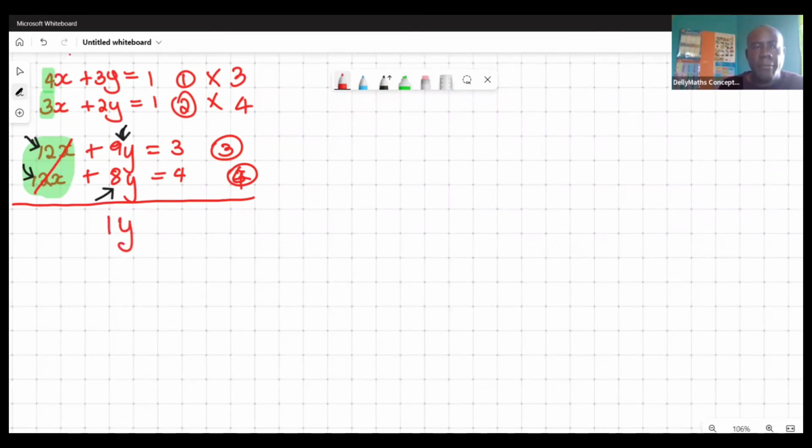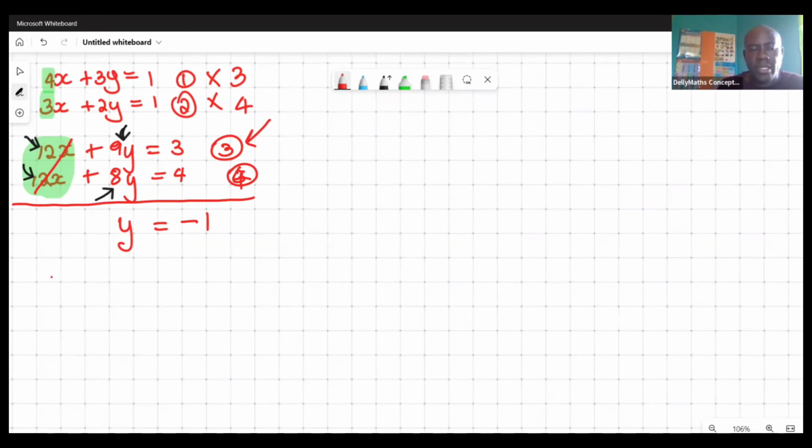We might say 1y, but we don't write 1 in front of a y. 3 minus the 4 is a negative 1. If you notice, I was putting the top numbers first all the time. So you have to be consistent with it. You could have always used the bottom number first, but be consistent with it. As long as you're consistent with what you're doing, it's fine. So y is equal to -1.